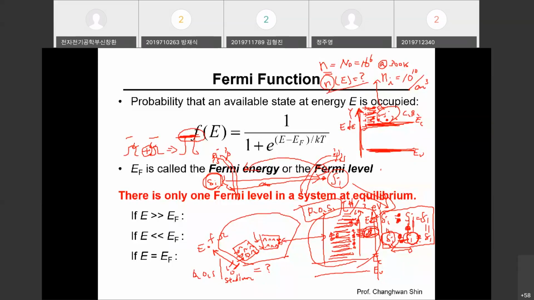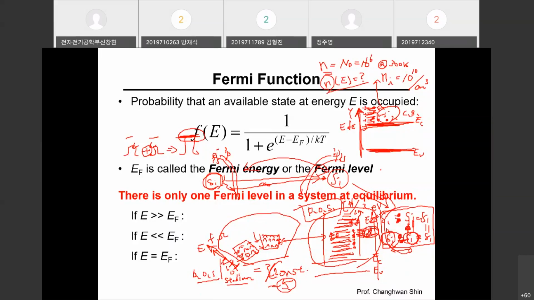And at energy 1, 1, 2, 3, 4, 5. And at energy 2, 1, 2, 3, 4, 5. So it is constant, right? It is 5. So the density of states for this baseball stadium is quite simple. Whatever the energy is, the number of seats is 5, a constant function.